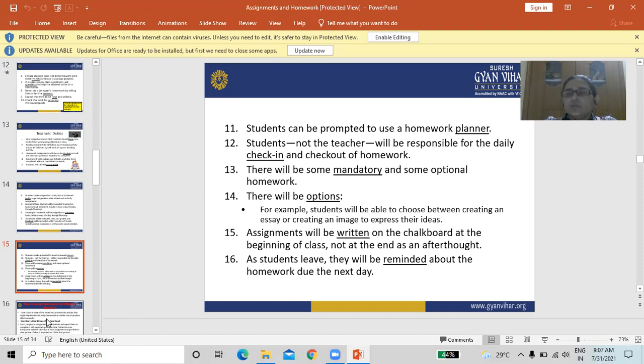So you will think about what other duties a teacher has when giving and checking the assignment.